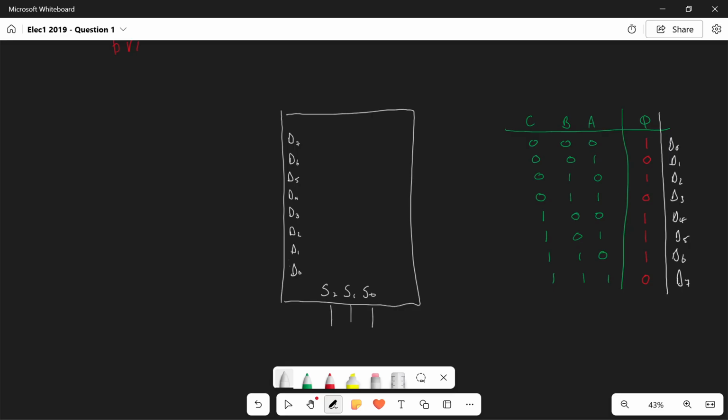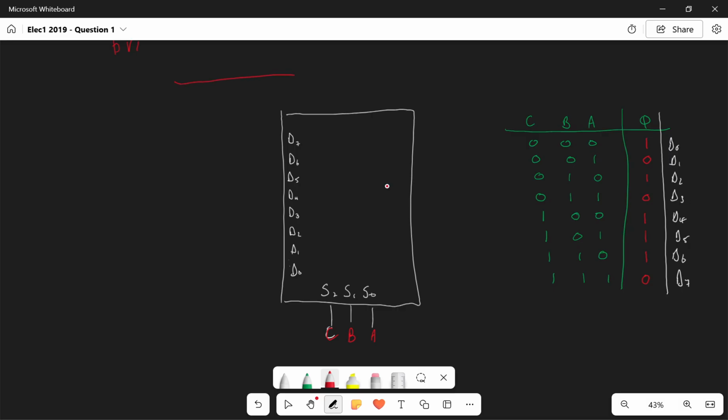So now we need to draw it. First thing we're going to do is realize that S2 is C, or I'll put that in a different color just so it shows up. S1 is B, S0 is A, because we're going from the most significant to the least significant bit.